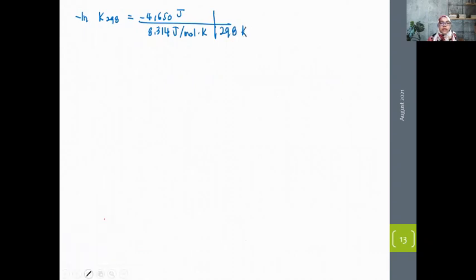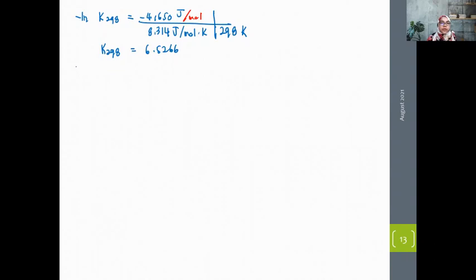Since this is per mole of reaction, we insert per mole to the value of change of the standard Gibbs energy. So this gives the value of the equilibrium constant at 298 equal to 6.5299.